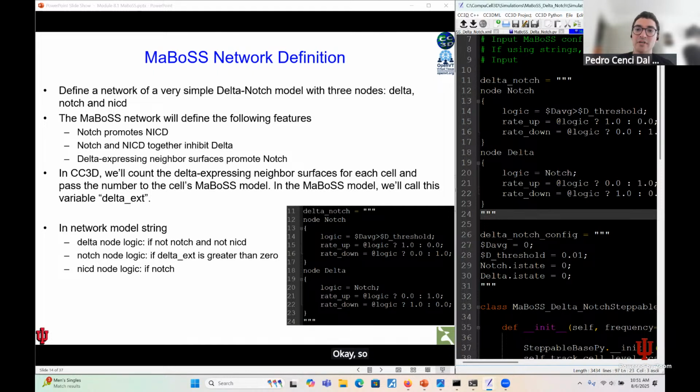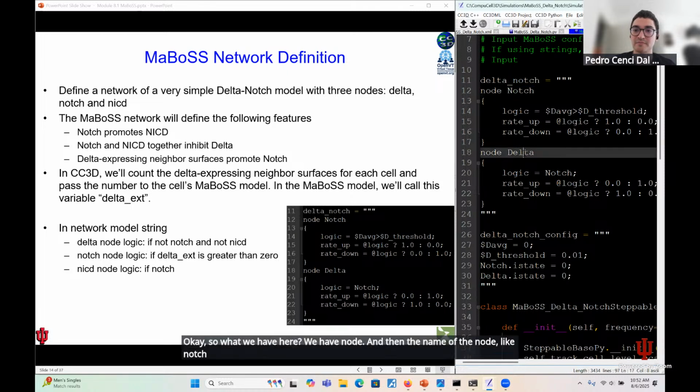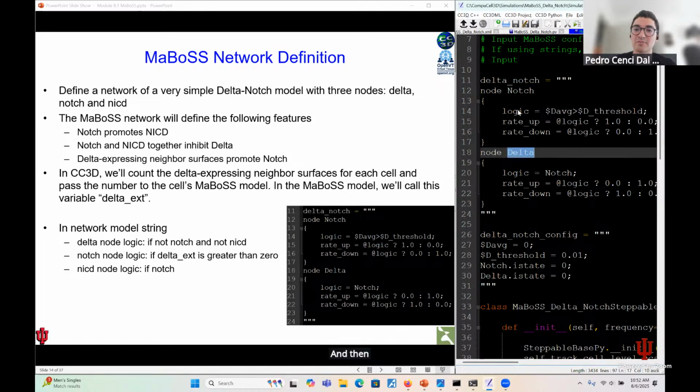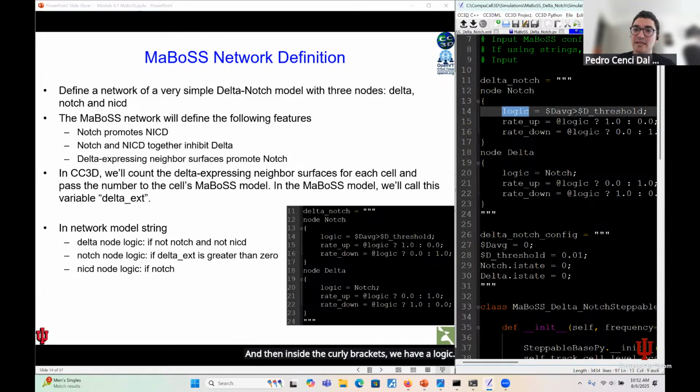Okay, so what we have here? We have node and then the name of the node, like notch and delta. And then inside the curly brackets, we have a logic. In this case, our logic is two parameters, DAVG and D threshold. And because they are parameters, they go with a dollar sign before. For referring to the logic, we use the at symbol.